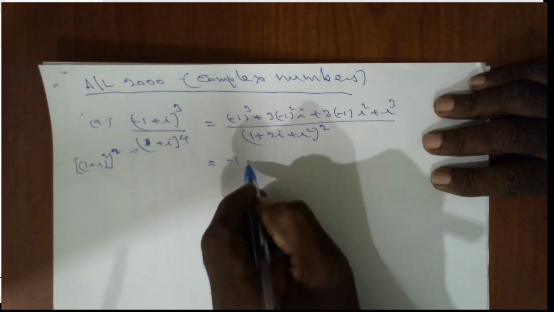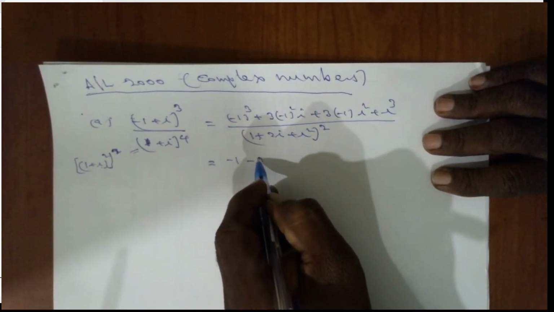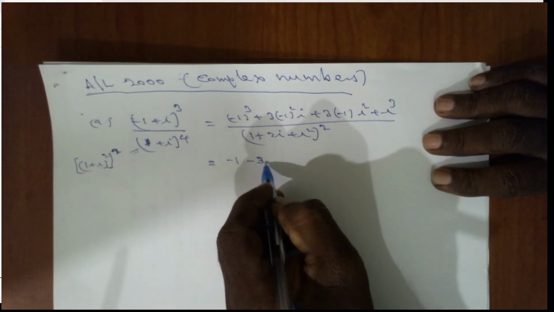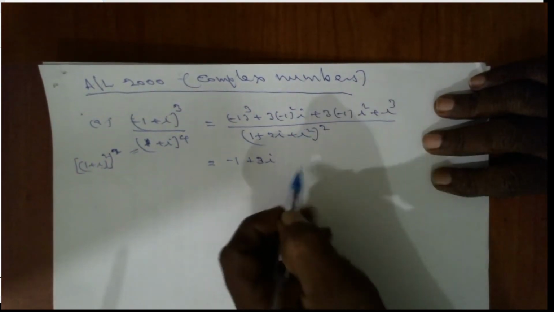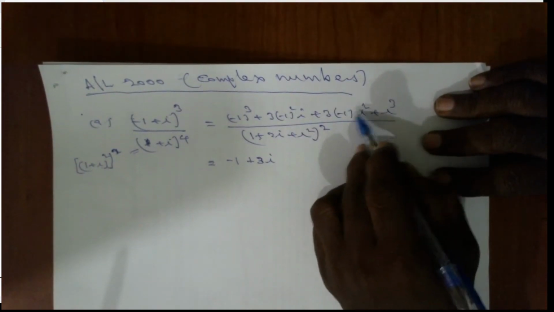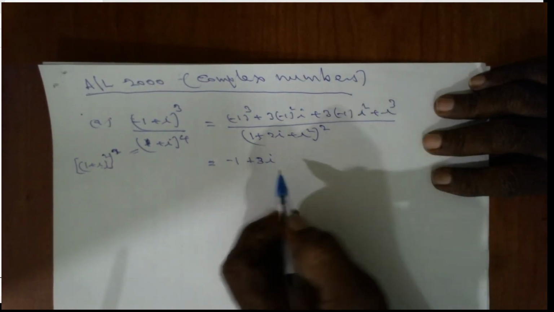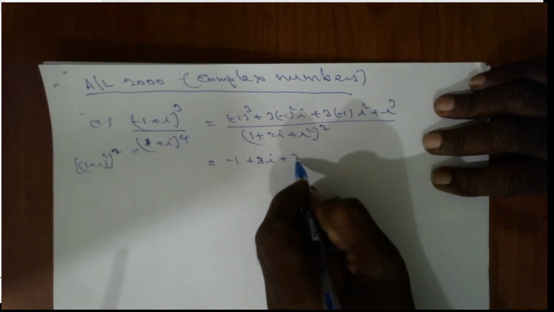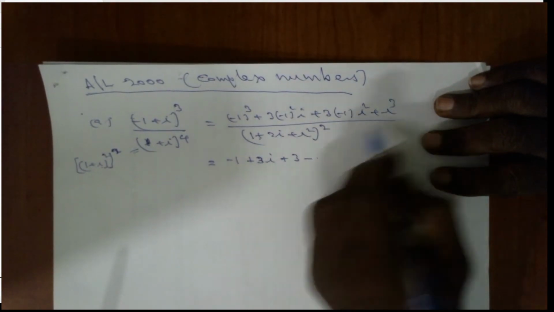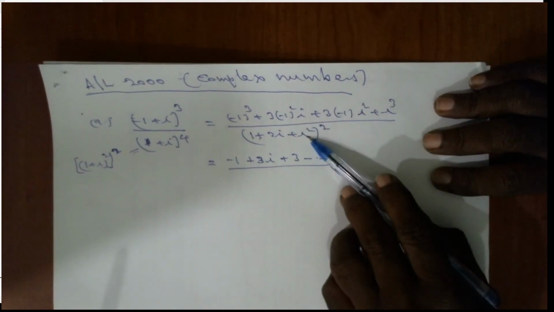This is -1, minus 3i, plus 3i, minus 1 squared is plus 1. Here i squared is minus 1, minus into minus 1 is plus 1, plus 3, minus i. But you know that i squared is minus 1.